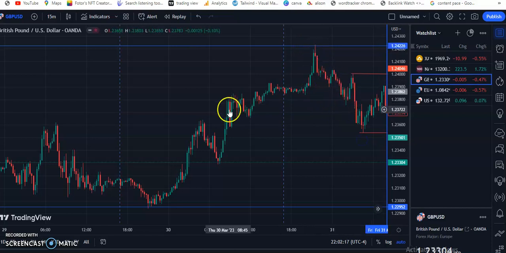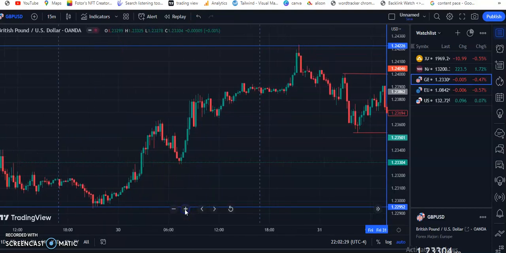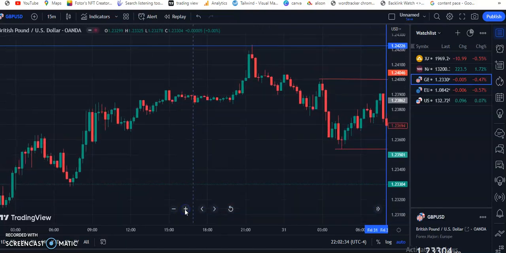Now, when I'm dealing with currencies, I like to plot the previous session's high and low to guide me also, because they don't really move that much. So, the most previous high or low that works as a reference to me is the previous session's high and low. And as you can see, this was the high of London, this was the low of London.